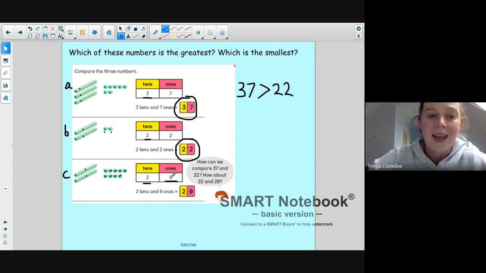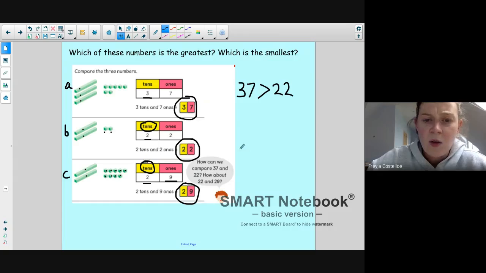So all together we have here what number? 2 tens and 9 ones give us 29. So how can we compare 22 and 29? Have a think about that. Remember what our friend told us? We need to compare the tens first of all. We need to start off comparing the tens.